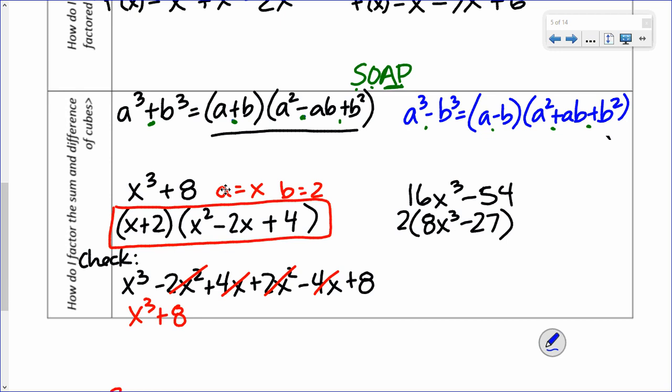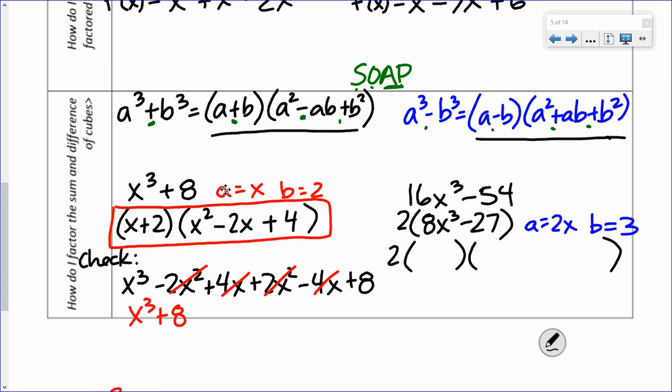It had to come from 2x. 2 cubed is 8, x cubed is x cubed. So a came from 2x. And b must be 3, because that's the cube root of 27. So again, I'm trying to make this fit into this mold right here. I'm just popping the numbers in. But it's very helpful if you'll actually write out very specifically what a and b are.